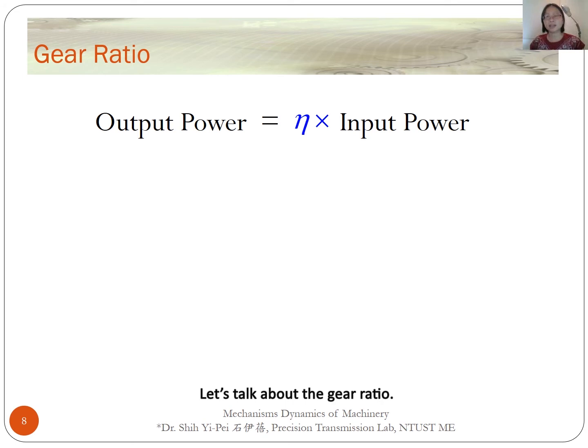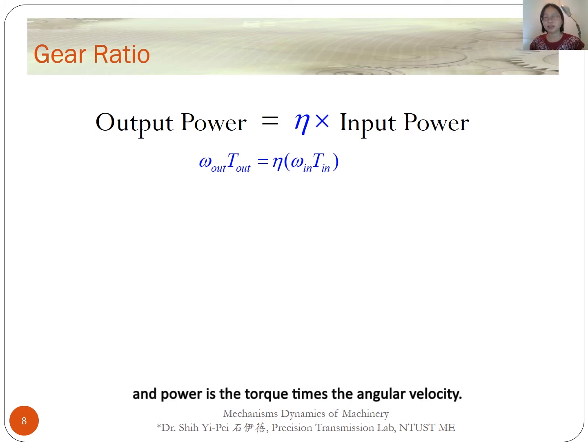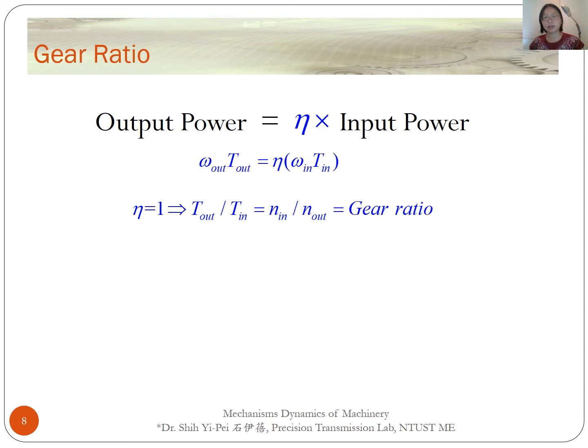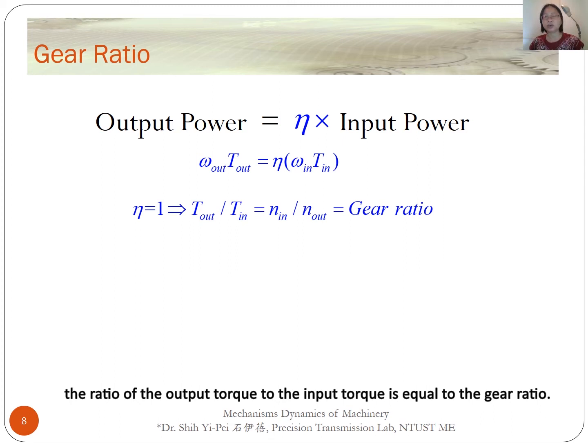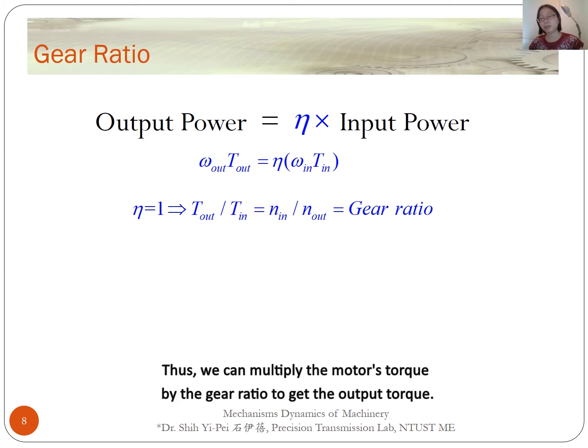Let's talk about the gear ratio. For machines, the output power equals the input power times the gear efficiency. And power is the torque times the angular velocity. If gear efficiency is 1, the ratio of the output torque to the input torque is equal to the gear ratio. Thus, we can multiply the motor's torque by the gear ratio to get the output torque.